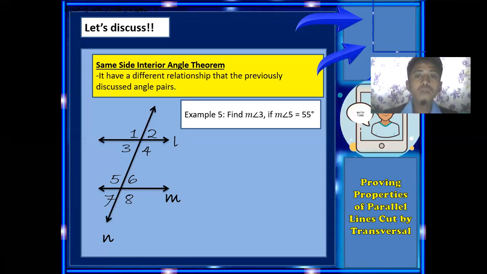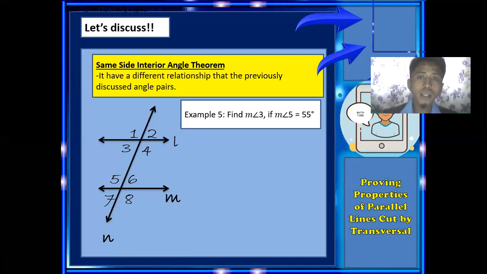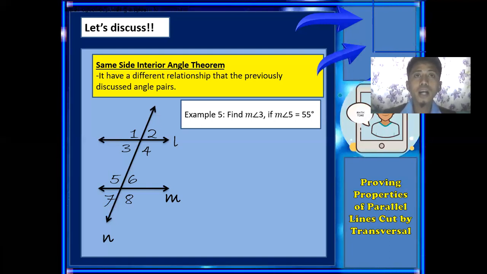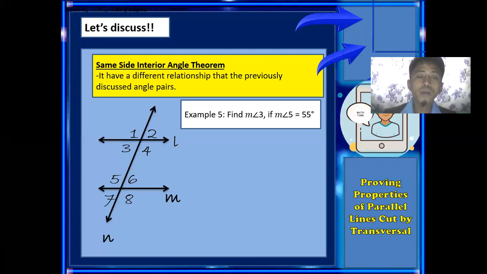Or if you have two alternate interior angles, automatically they are congruent. If you have two alternate exterior angles, automatically they are congruent.